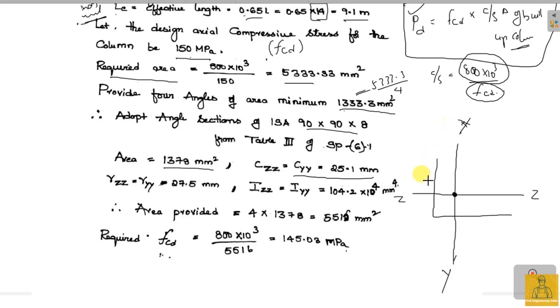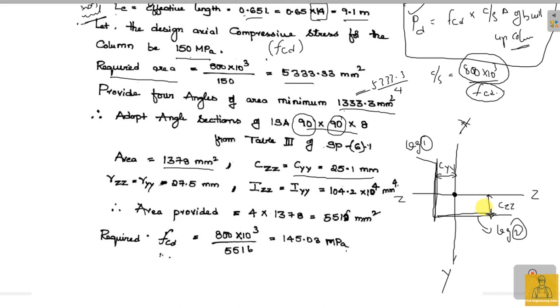The axis YY is at a distance of CYY and axis ZZ is at a distance of CZZ. This is leg 1 and this is leg 2. As you know, ISA 90 by 90, that means this is the length of one leg and this is the length of the other leg. So both the legs are of equal length.